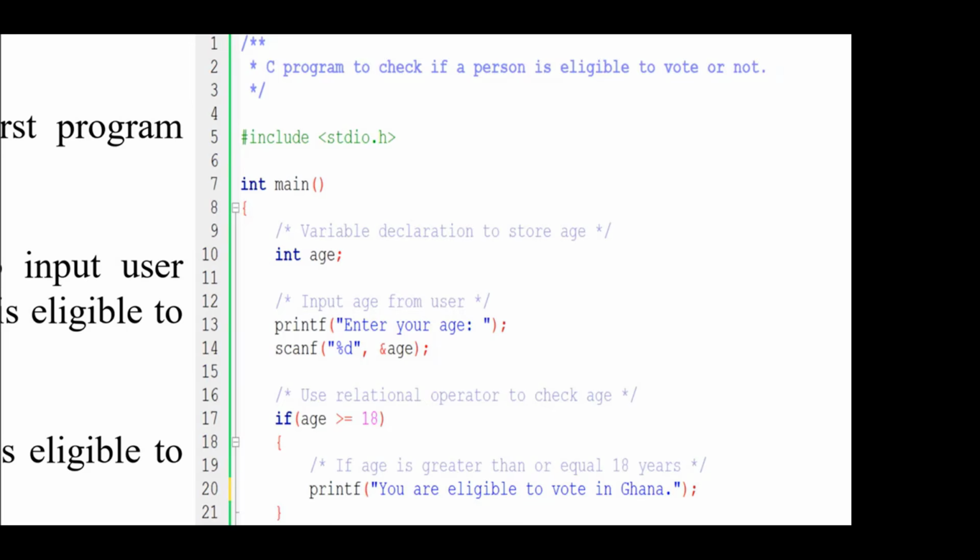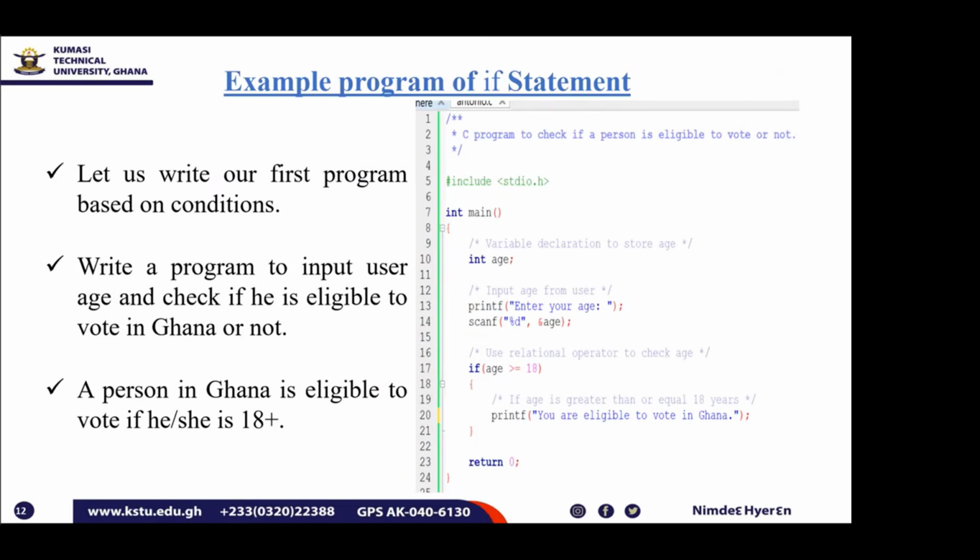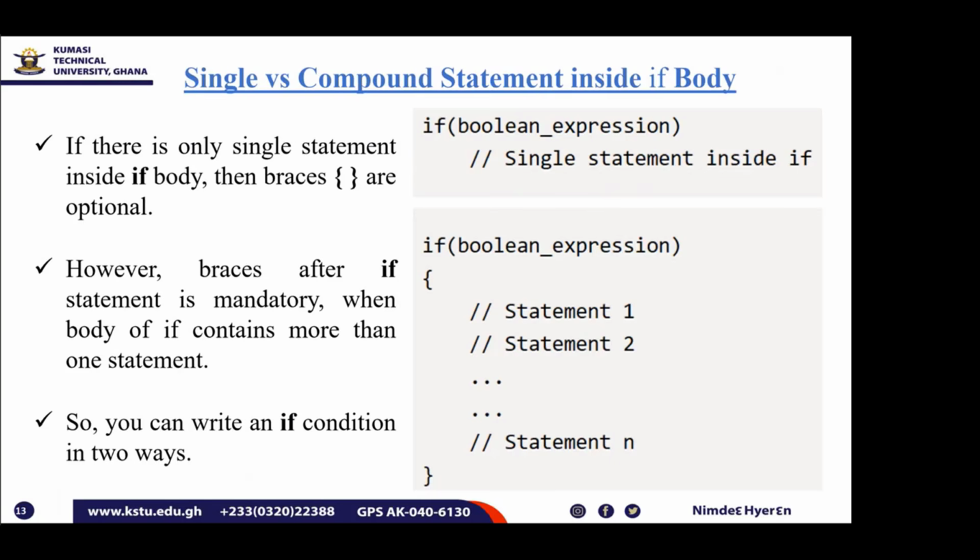Now, someone would ask, what then happens if the age is less than the voting age? That would lead us to another statement. But in this case, we can also have single versus compound statements inside the if.